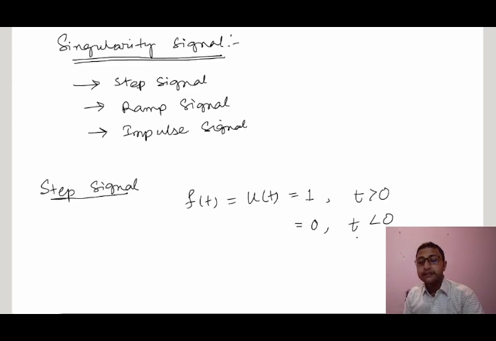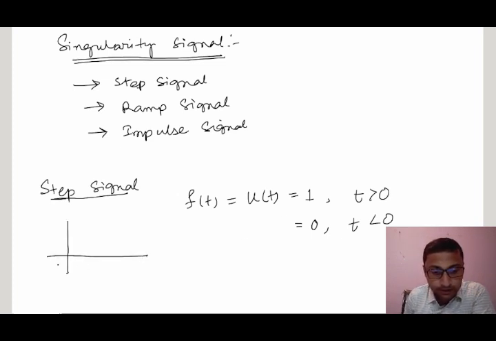That means this is a unit step signal. f(t) is equal to u(t), the unit step, that is equal to 1, where 1 is the constant dc magnitude. If I draw the graph of the unit step signal, this is the origin, the time axis.